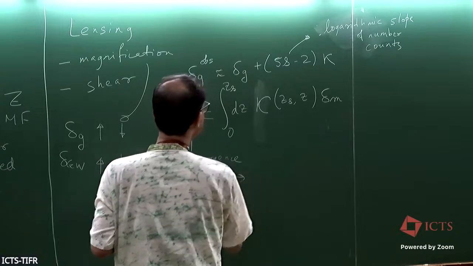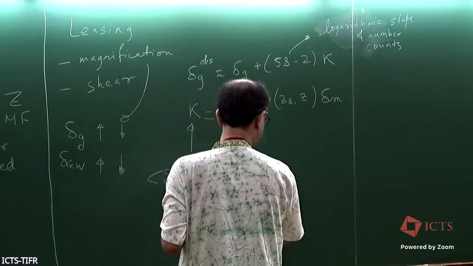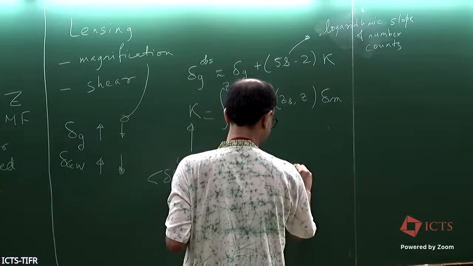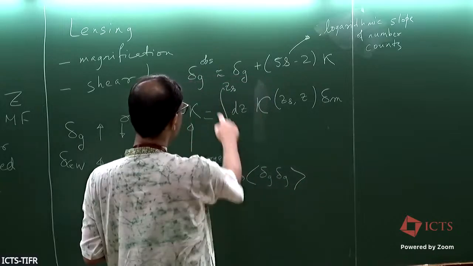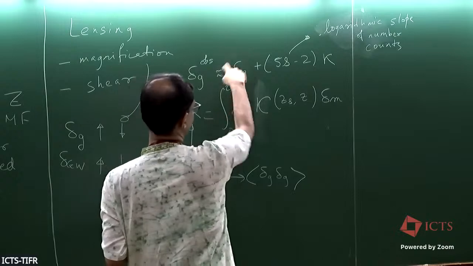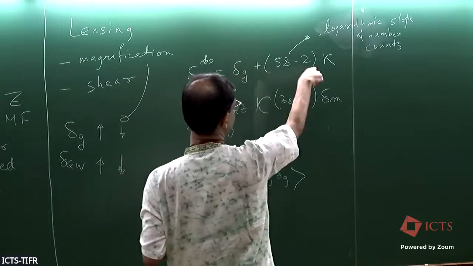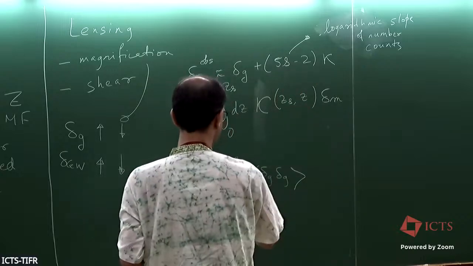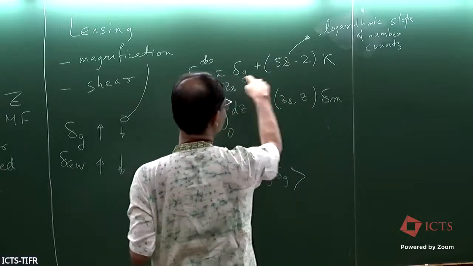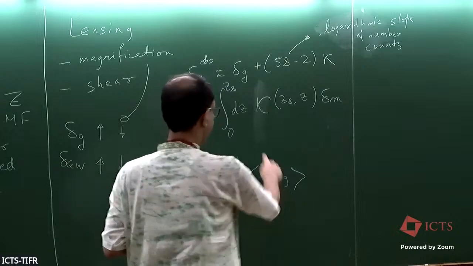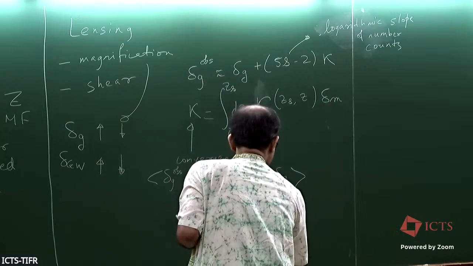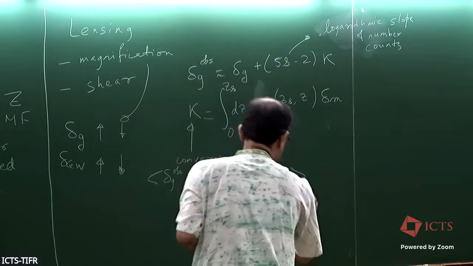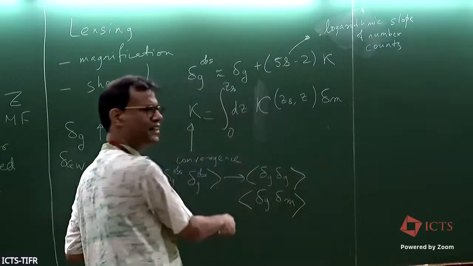And that will involve the true delta G. But you will multiply this with this itself and take the average, so it will also involve a delta G times kappa, and kappa will involve a delta M. So there will be a delta G delta M term with all sorts of integrals and other things put in.